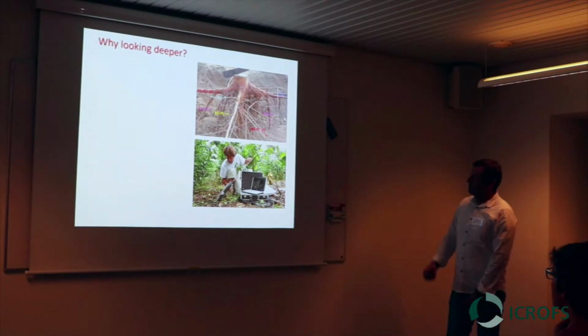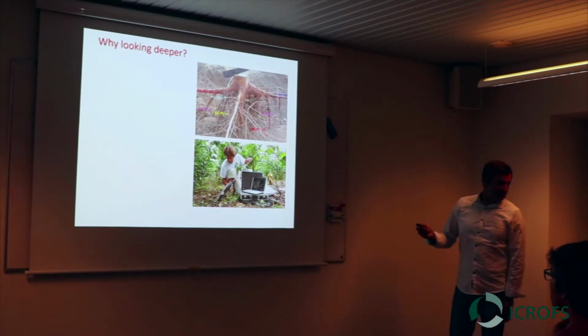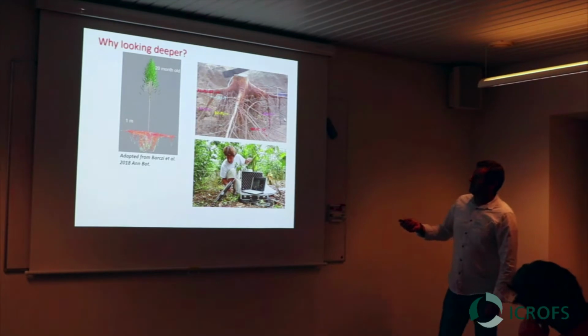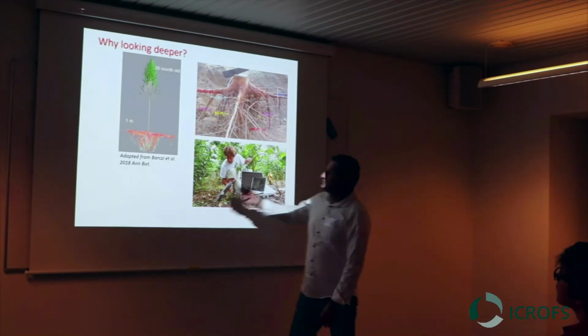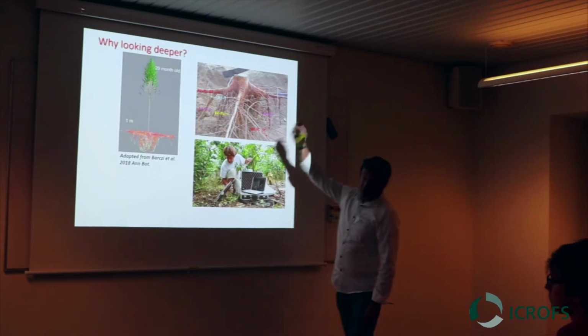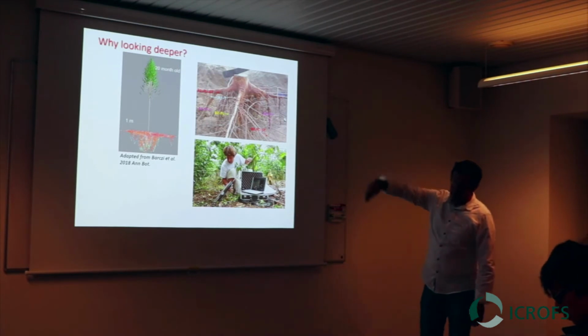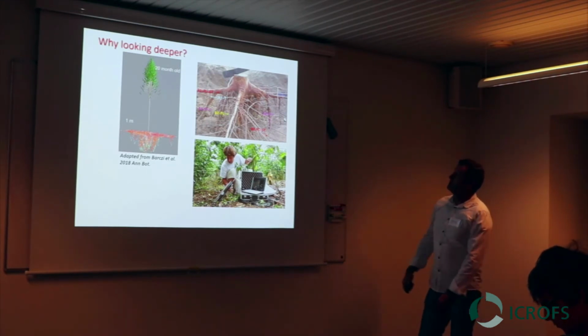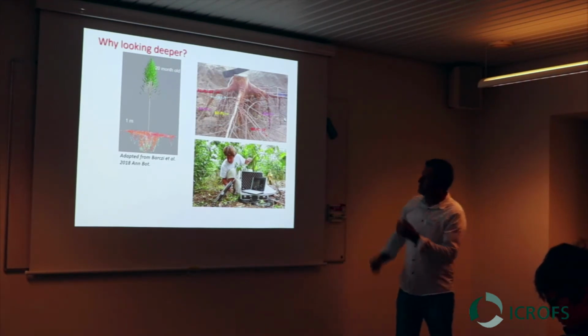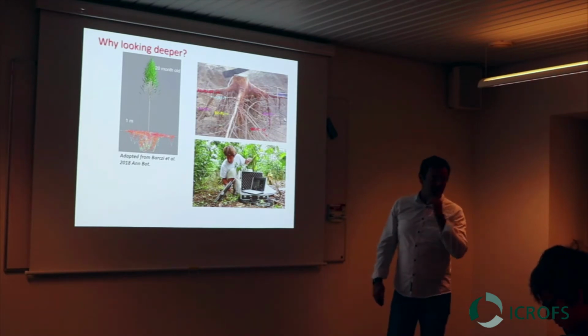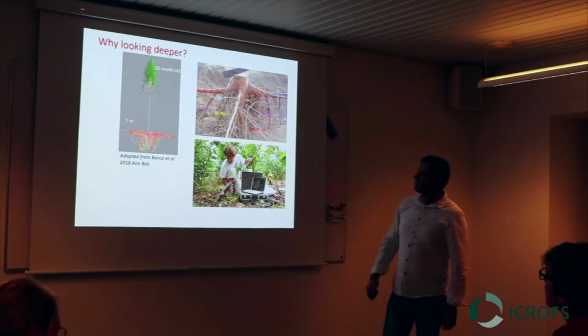And when you put all this data into a model, like this one, where we try to simulate the root system of an entire tree, we simulate the aboveground part of the tree, and we want to simulate the root system at the same age.